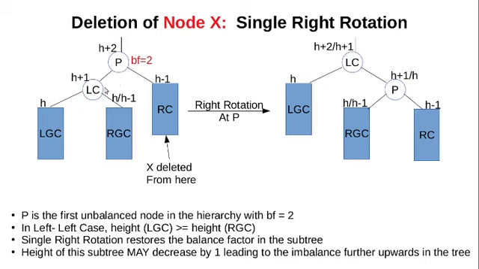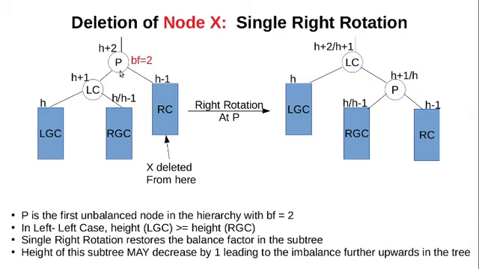Let the height of LC be h plus 1. As the balance factor of P is +2, the height of RC is required to be h minus 1. Further, the height of P is 1 plus maximum of h plus 1 and h minus 1. So, the height of P is h plus 2.